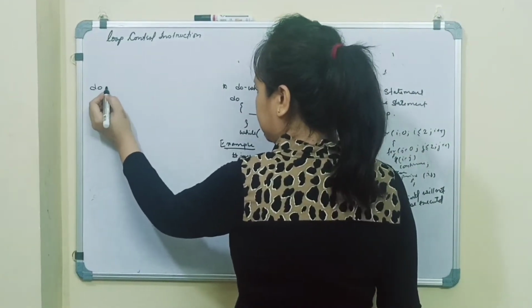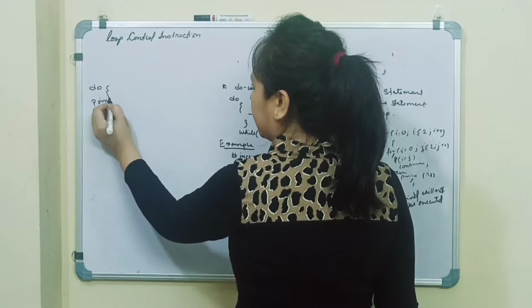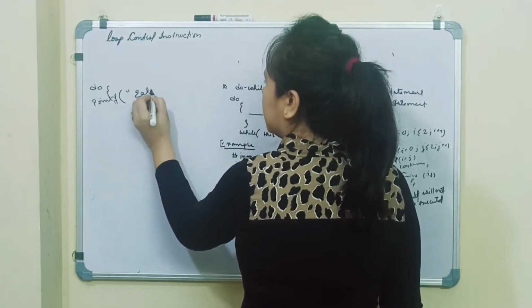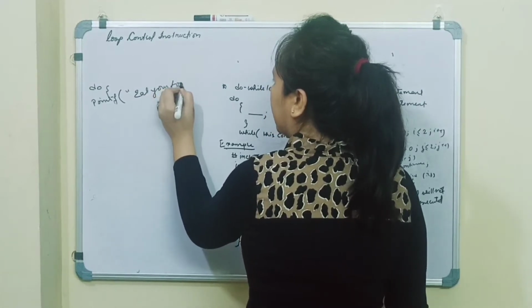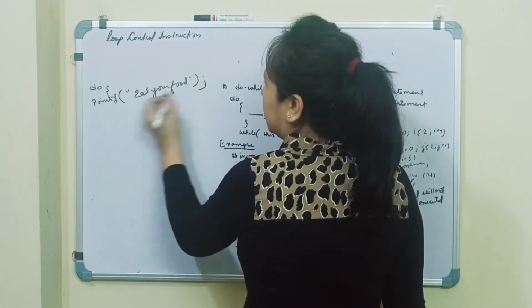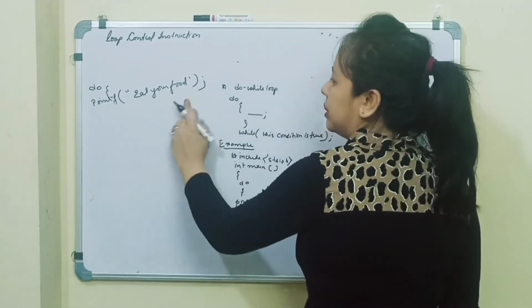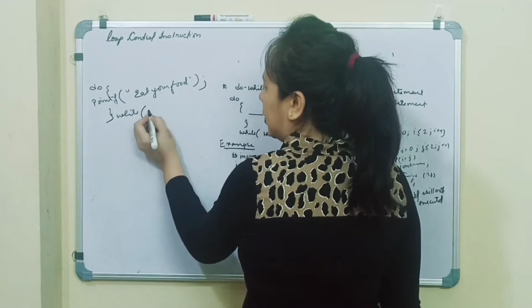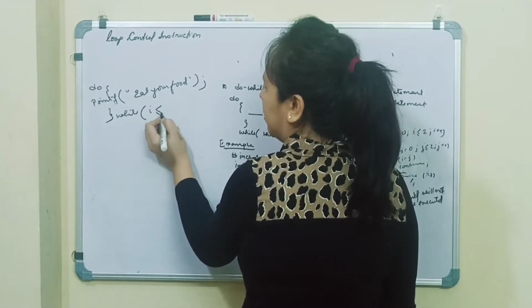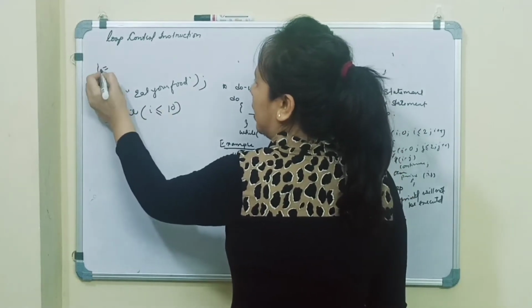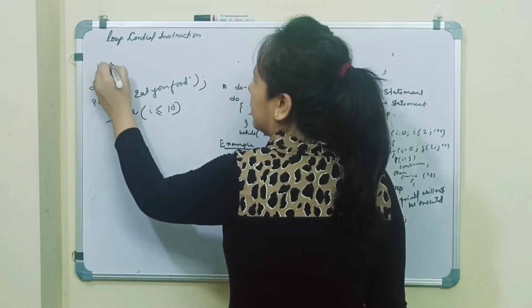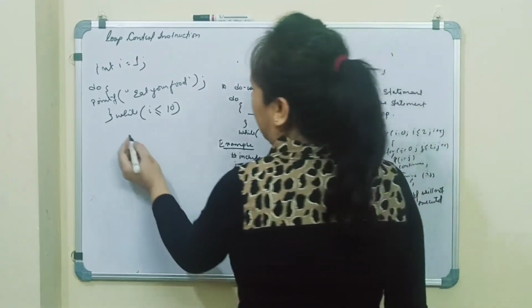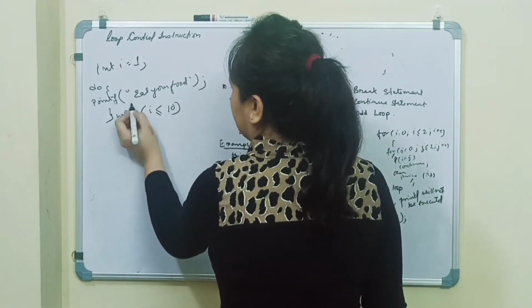Suppose this is a simple program: do printf "eat your food". Do this thing means print this thing. How many times? While i is less than or equal to 10. Suppose we have initialized i to 1.